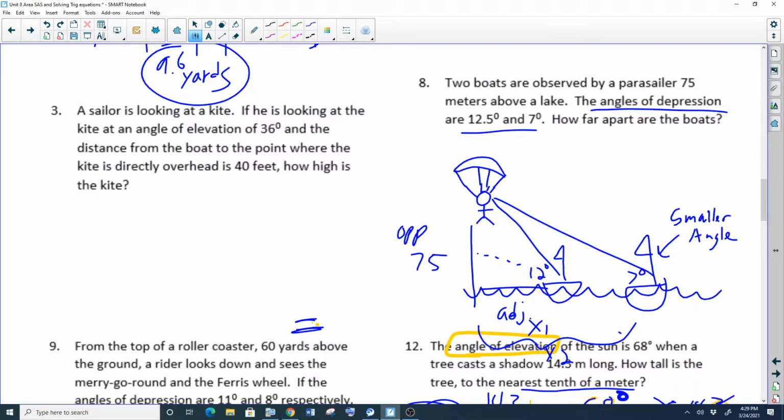Cool. So let's do that smaller distance. So what is opposite over adjacent? So it's tangent. So tangent of 12 degrees equals opposite 75 over adjacent x. And so we're going to put that in our calculator, but we're going to have to switch it around. So x is going to come up here, and tangent 12 is going to come down here to solve for x.